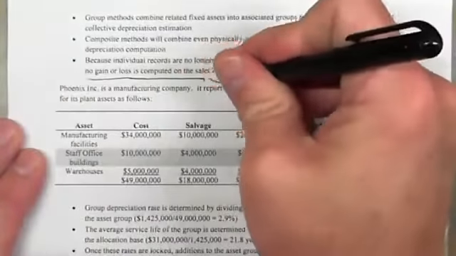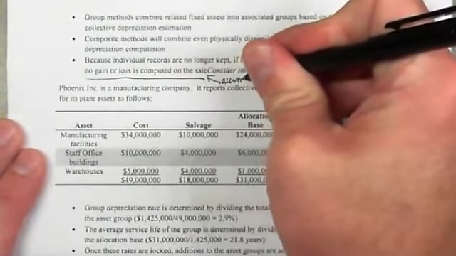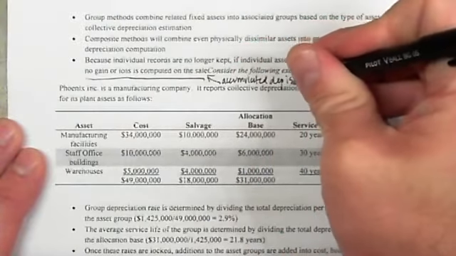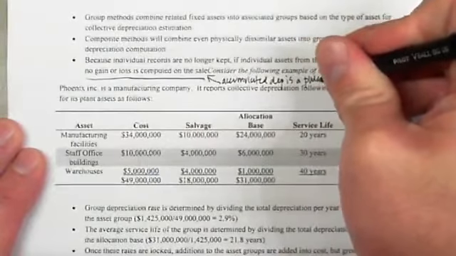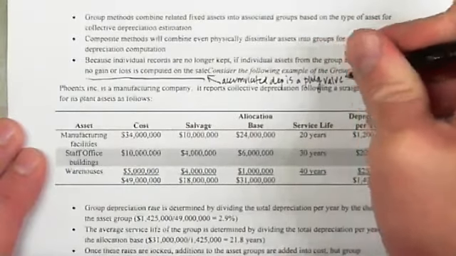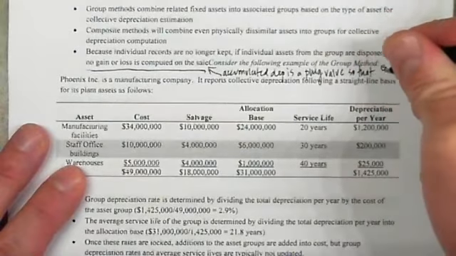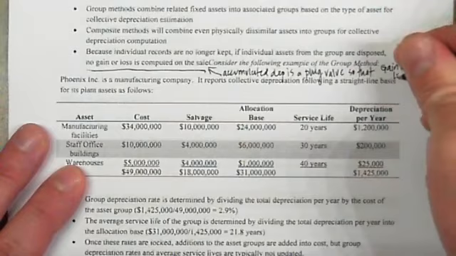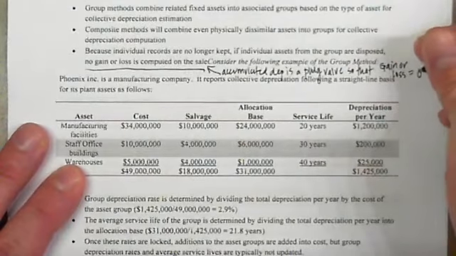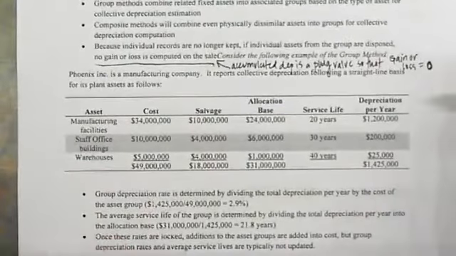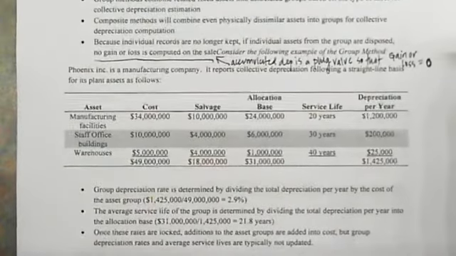That means that accumulated depreciation is a plug value so that gain or loss equals 0, which just means that whatever the amount of cash you get for the asset is, you know what it cost, and you're going to plug accumulated depreciation so there's no room for a gain or a loss.